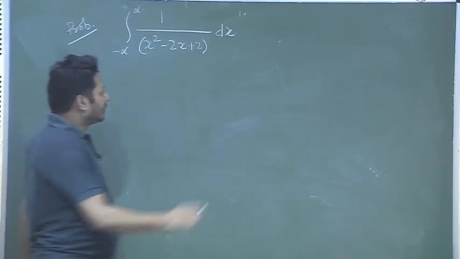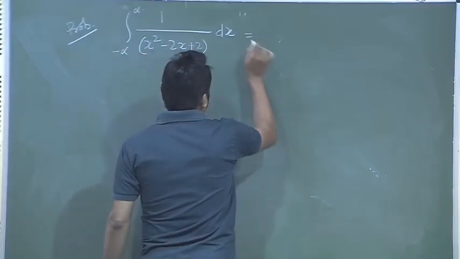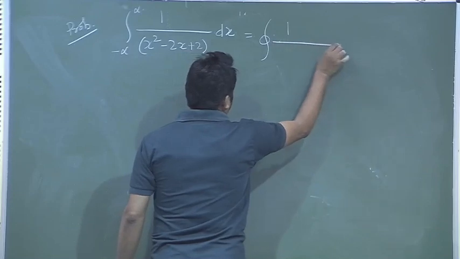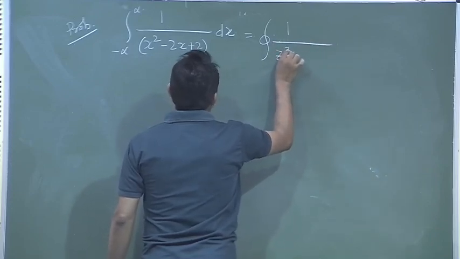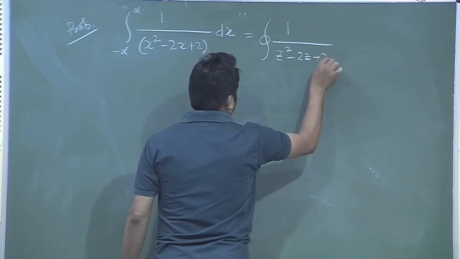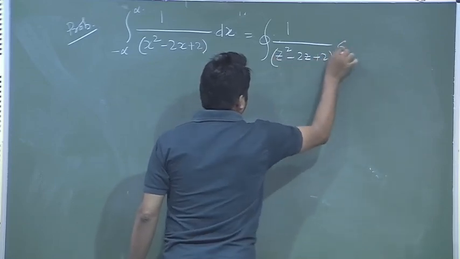Now I need to convert this integration into a closed integral, 1 divided by z square minus 2z plus 2 dz.